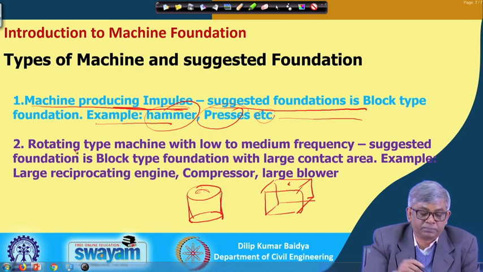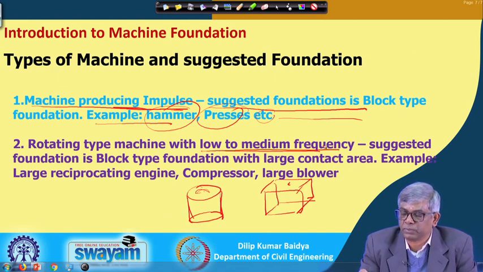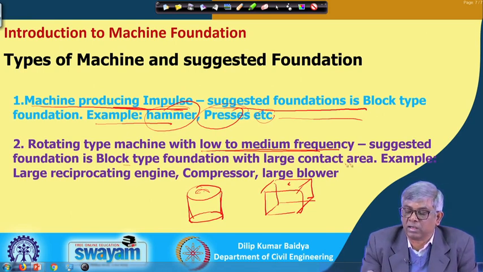Then next is rotating type machine with low to medium frequency. Assume low frequency, and the suggested foundation is block type foundation with large contact area. Why is it so?